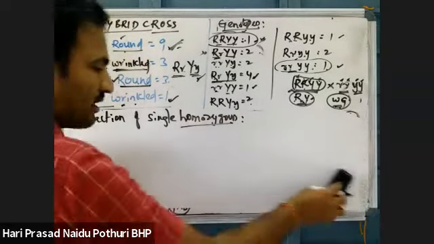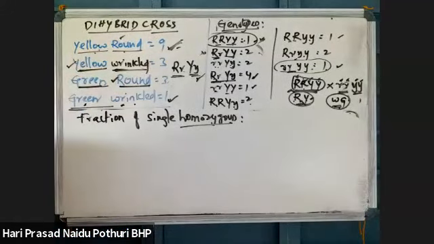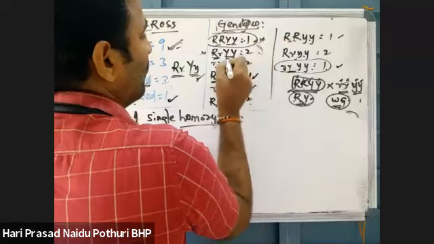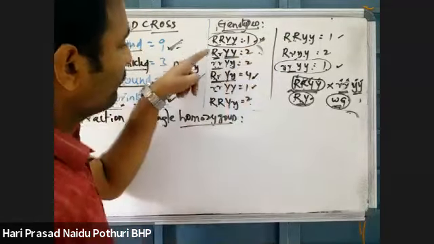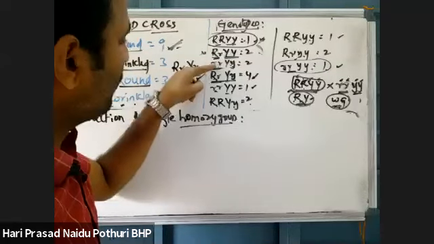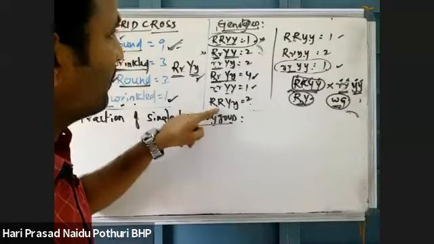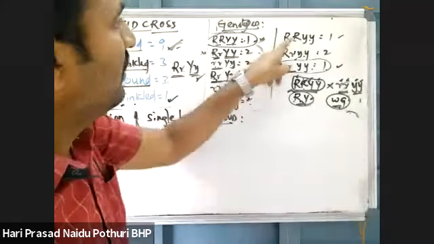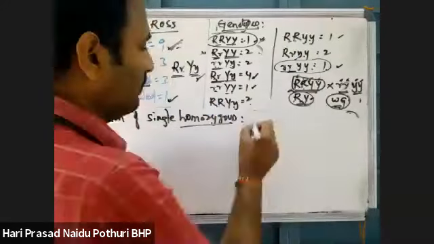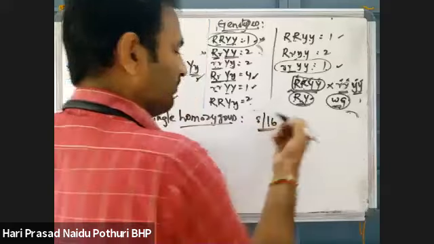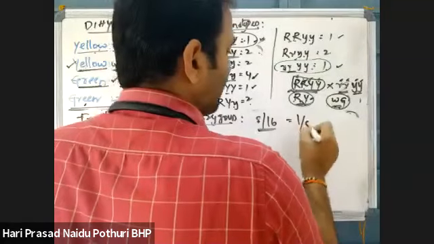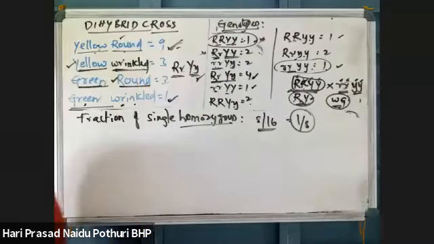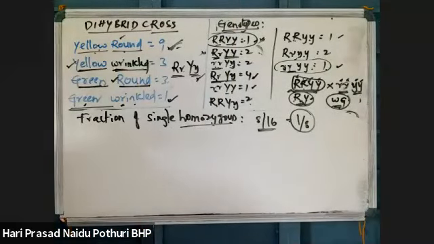What is the fraction of single homozygous? Single homozygous means both homozygous, no. This is okay. This is okay. 2 plus 2, 4. This is single homozygous. 6. This is double homozygous. No. So total 8 by 16 will come. 1 by 2. Single homozygous is 8 by 16, which is 1 by 2.